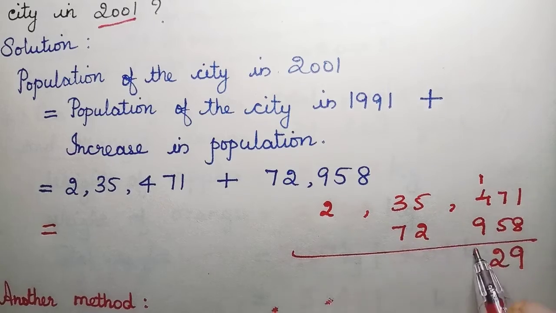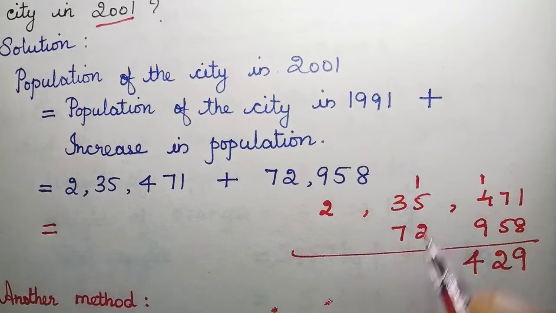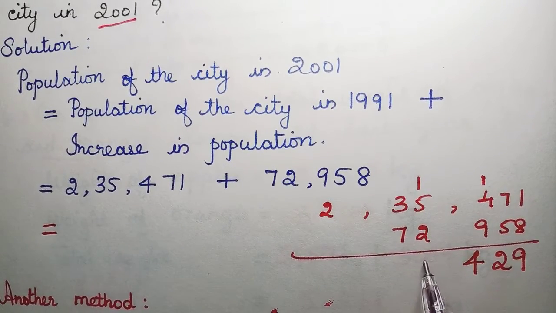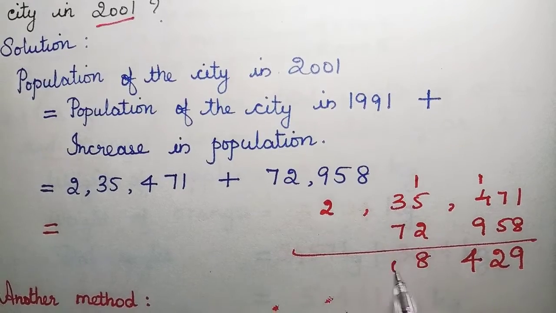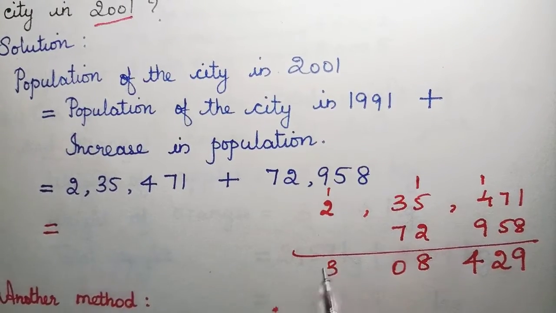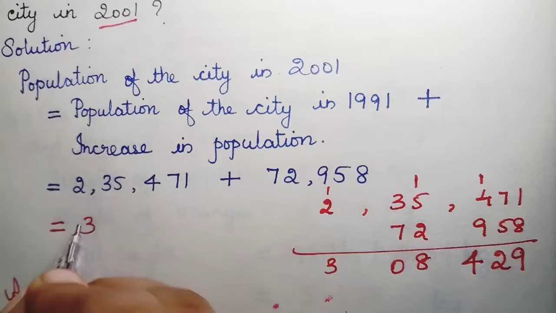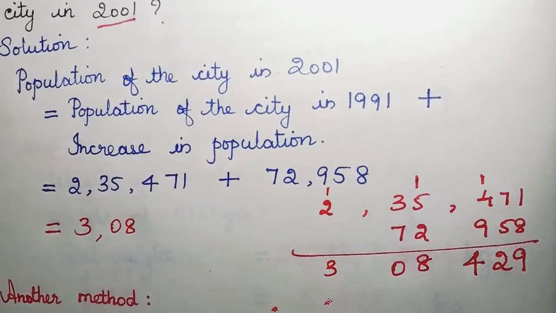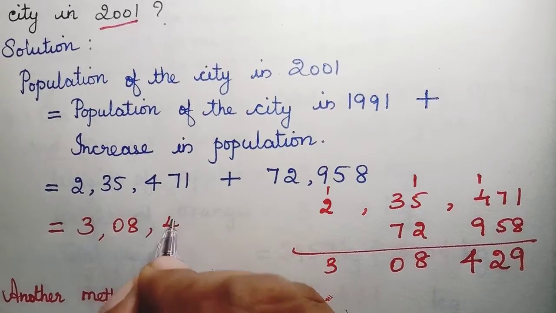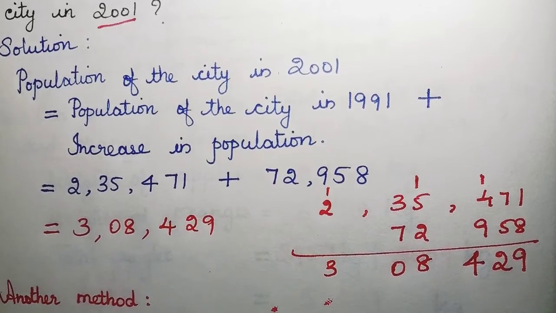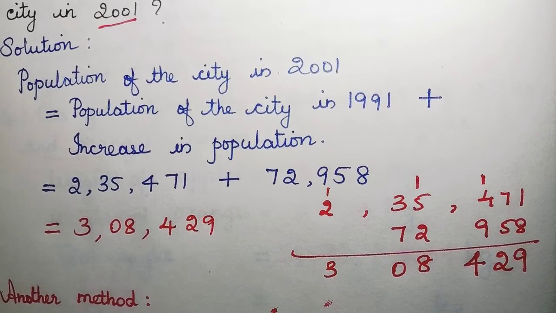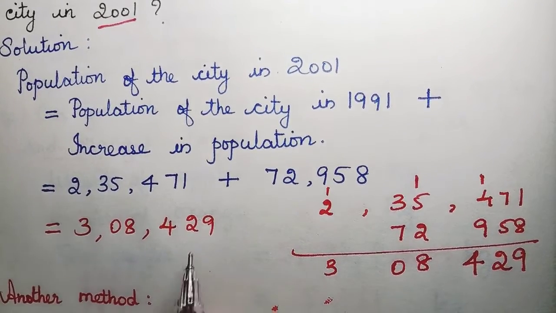So 10 plus 4 is 14, balance 1. 5 plus 3 is 8, 7 plus 3 is 10, so 3. So the answer is 3,08,429. This is the total population at the year 2001.